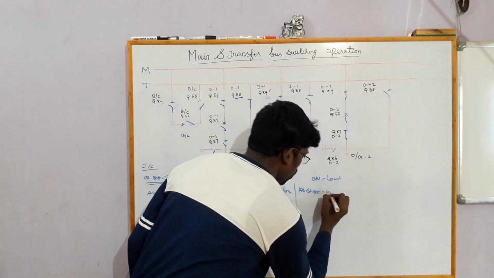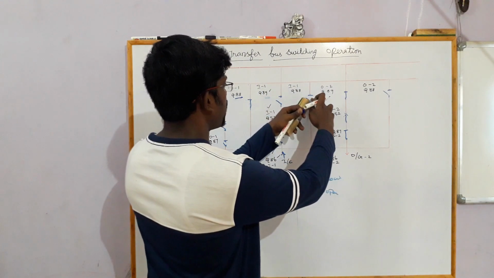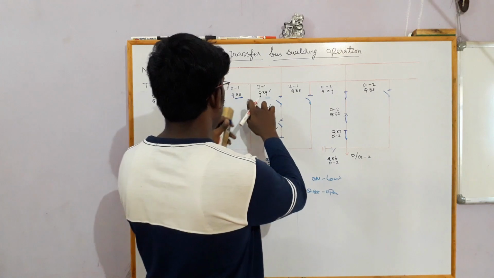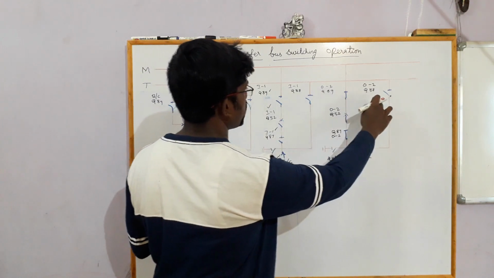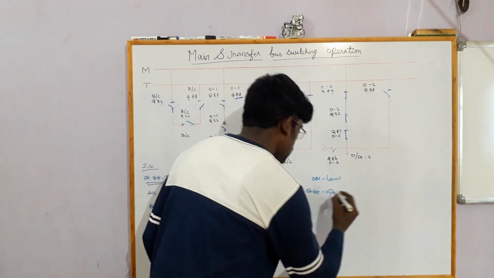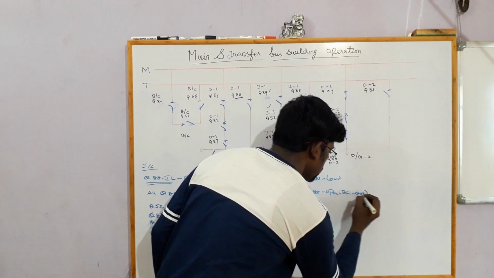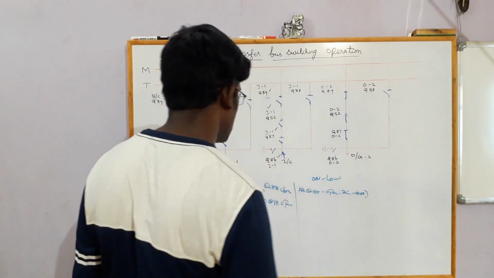Q88 has to be open. That means when you are going to close this Q88, we have to check all Q88 has to be in open state except bus coupler Q88.